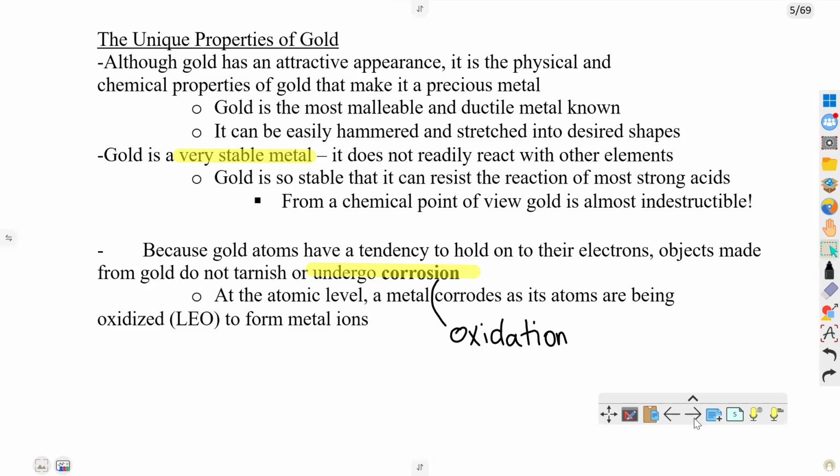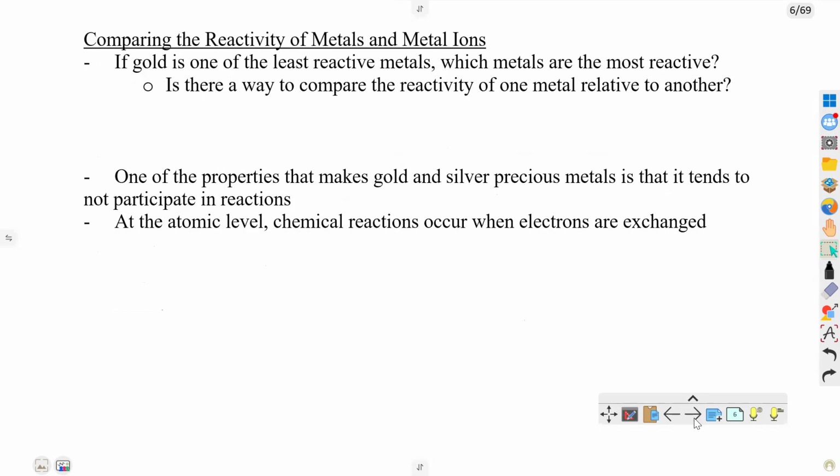Now, it is possible, but not very easily compared to other metals. So if gold is the least reactive metal, that probably means there are some metals that are more reactive. So which one is the most reactive? Is there a way that we can compare the reactivity of one metal relative to another?